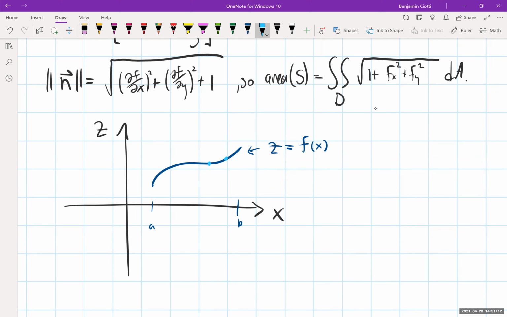Check this out. If we pick a small piece of that path, approximately, what's the length of that small little piece? I'll explain where the 2 pi comes from in a second. Here's a hint.